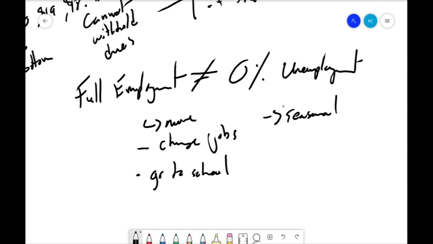Where you get into a real problem, what they really want to avoid, is sometimes structural, or worse, chronic unemployment. And that is more people that, right, can't find any steady work.